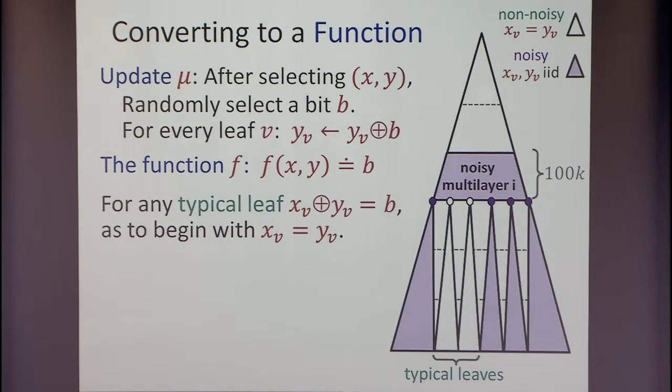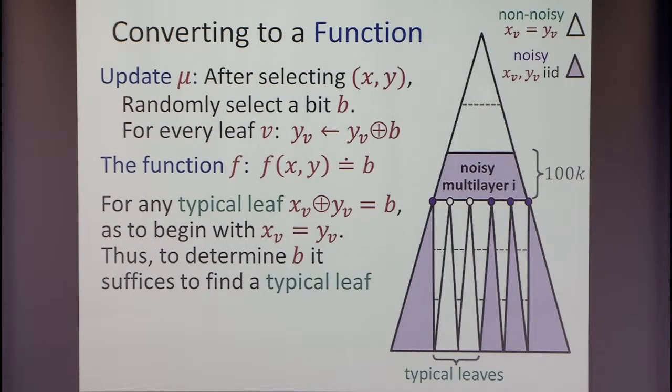Because if the leaf is typical, it's non-noisy, x was equal to y to begin with. Then we added b to y. So before they were equal, and now we added this b to y, so the sum is b.